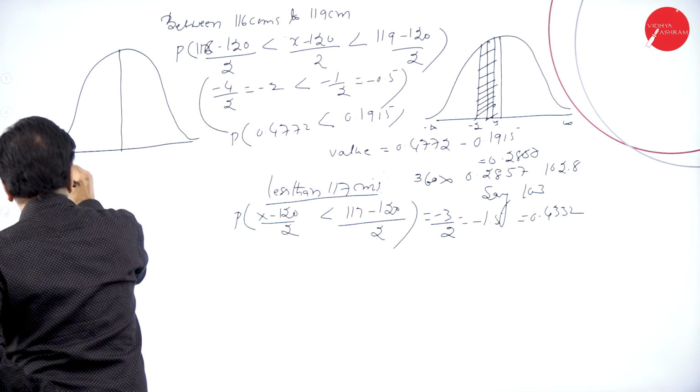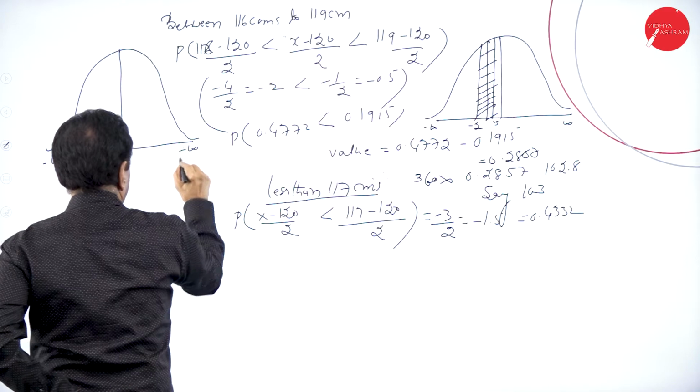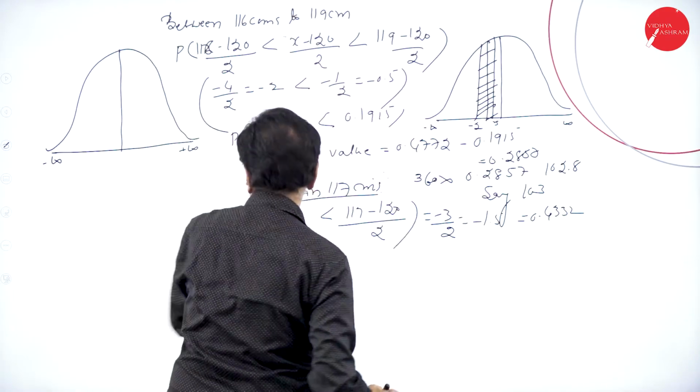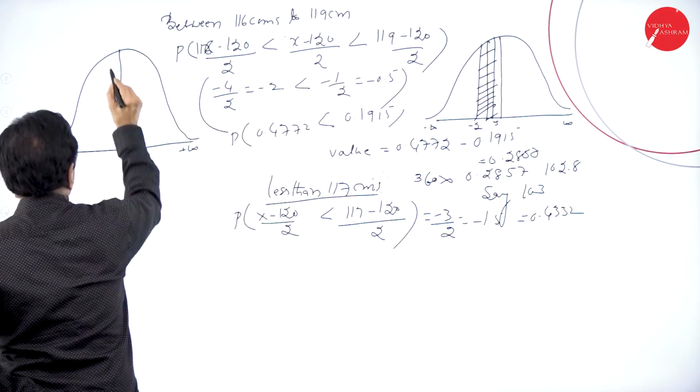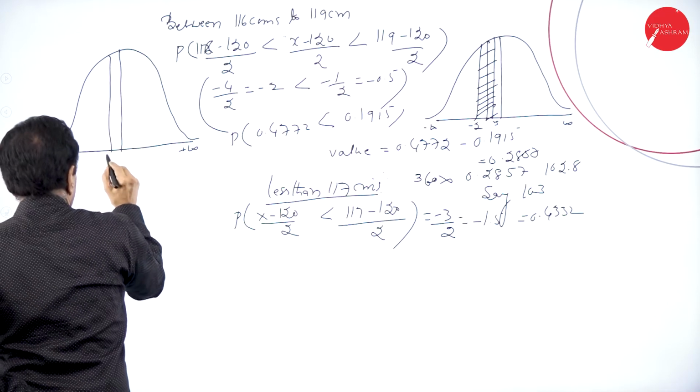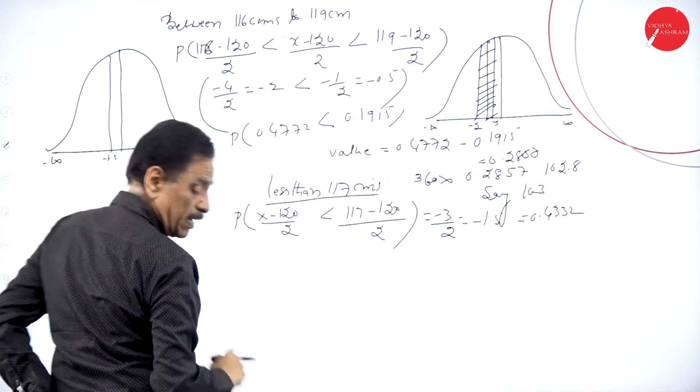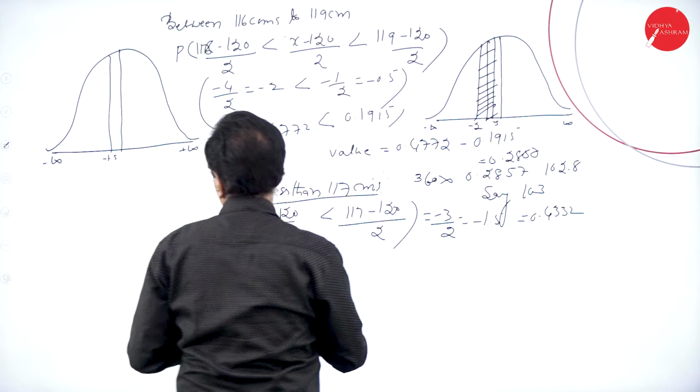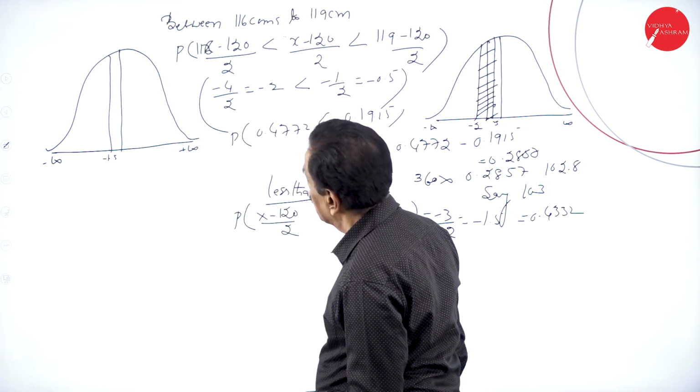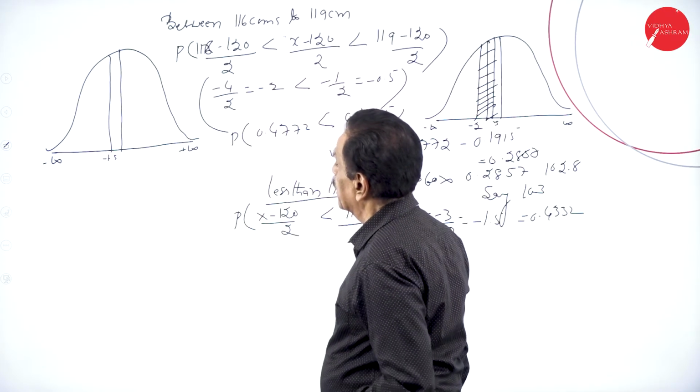The full value is 1, positive, and here minus 1.5 is somewhere. Is it less than or more than? Less than.